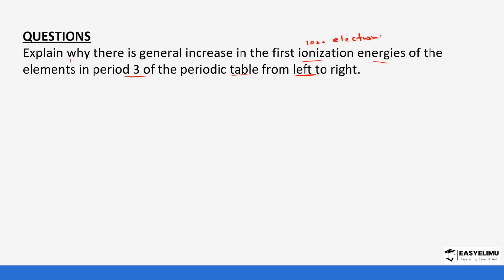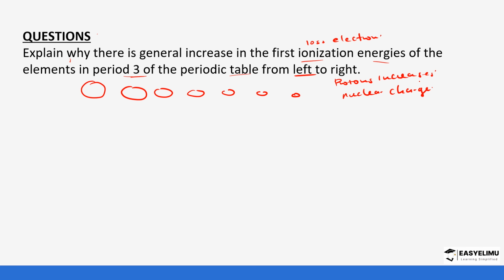We said that across the period, the size of the atom is decreasing. Across the period, it's becoming smaller and smaller. So you will notice that when you move across a period, there is an increase in the number of protons, which increases the nuclear charge. If the nuclear charge is increased, it means the outermost electrons are held closely to the nucleus.